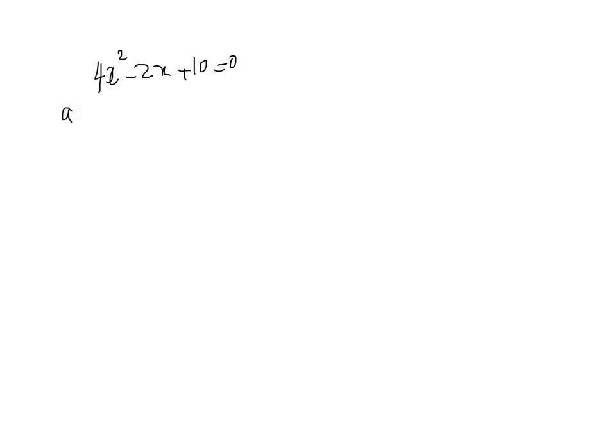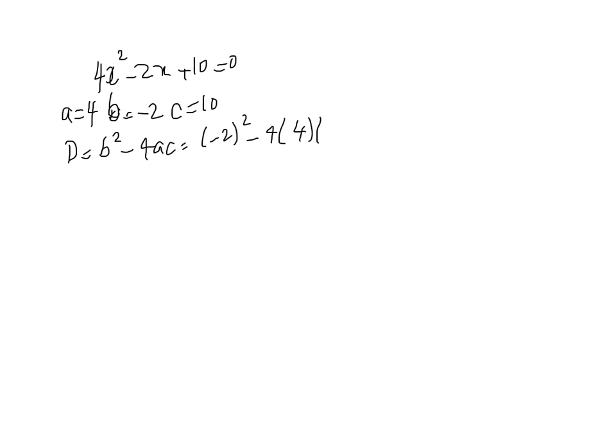So I'm going to say a is 4, b is negative 2, and c is equal to 10. D is b squared minus 4ac, which is negative 2 squared minus 4 times a, which is 4, times c, which is 10.